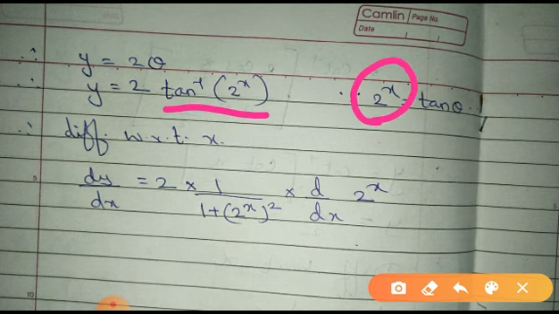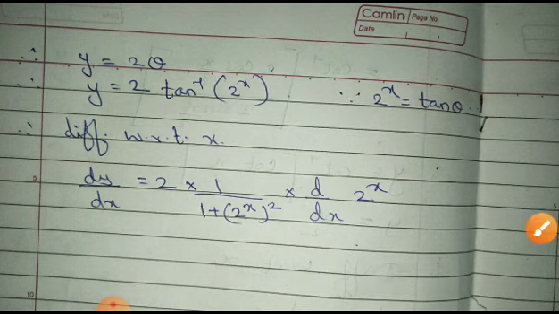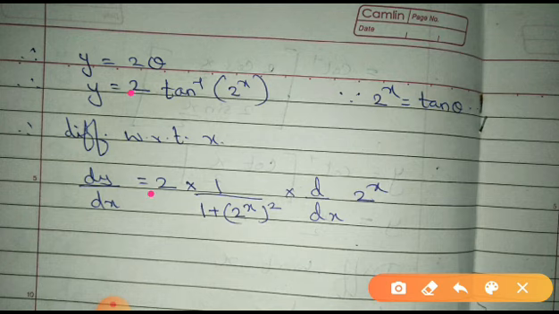Why? Because 2 raised to x we have substituted as tan theta. So differentiate it with respect to x. You'll be getting 2 into tan inverse derivative, which is 1 by 1 plus x square. So 1 by 1 plus 2 raised to x the whole square, into d by dx of 2 raised to x.